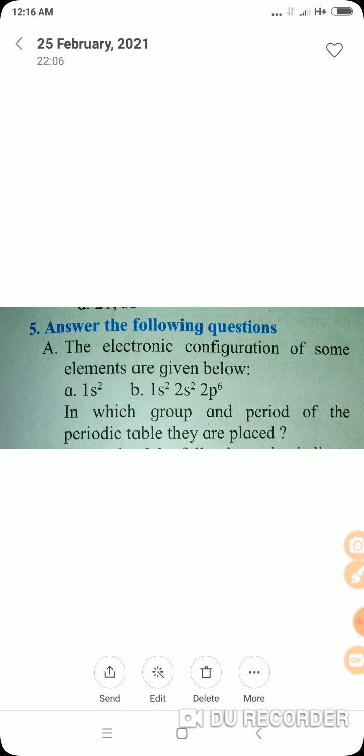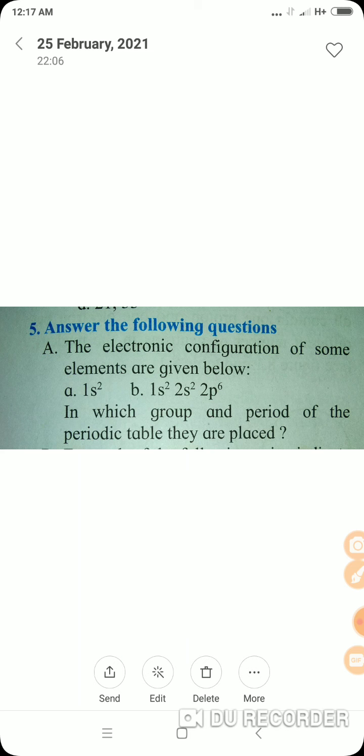So first, that is A, 1s2. Here 1 is the principal quantum number. 1s2 means the atomic number is 2, which is the atomic number of helium, and as the principal quantum number is 1, this element is placed in period number 1.